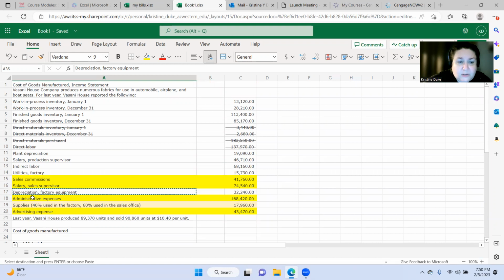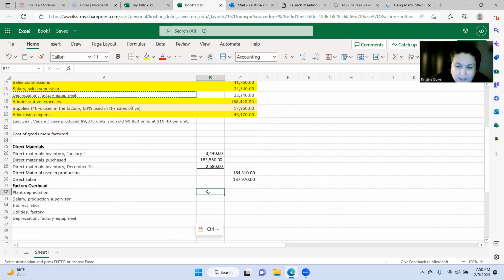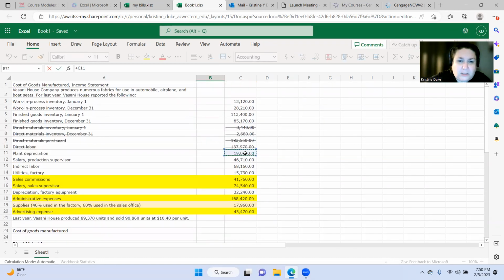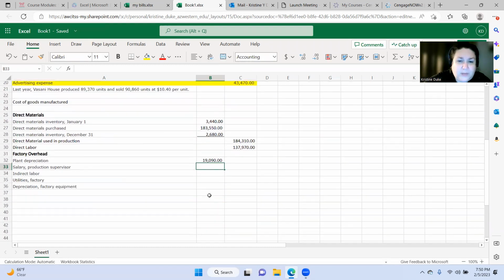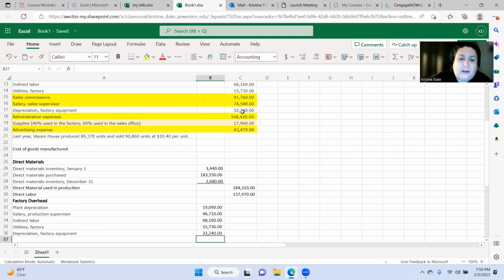This doesn't say office equipment, it says factory equipment. So it is going to be your factory overhead. And I'm going to go ahead and drag down that formula. Now I had to stop at depreciation factory equipment because it's right in between. There we go.